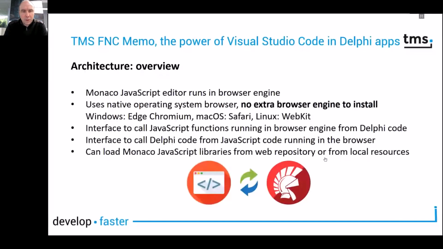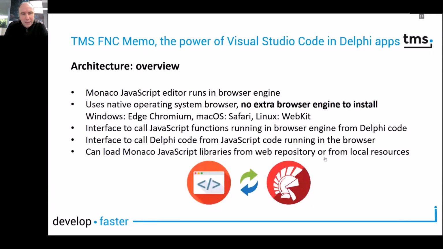Let's briefly discuss the architecture of this component, because making a component this way is slightly different from, let's say, building a regular VCL control or a regular FireMonkey control.